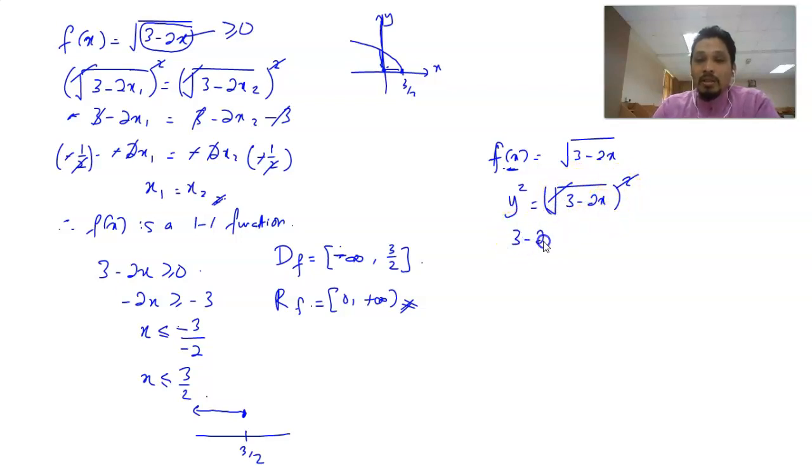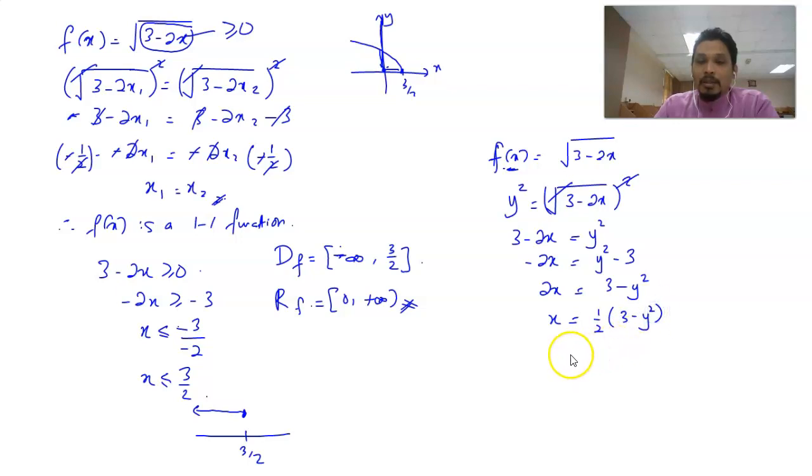Then 3 minus 2x equals y squared. Then negative 2x equals y squared minus 3, and then divide by negative 2. So 2x equals 3 minus y squared, and x equals 1/2 times (3 minus y squared). So the inverse of this function equals 1/2 times (3 minus x squared).